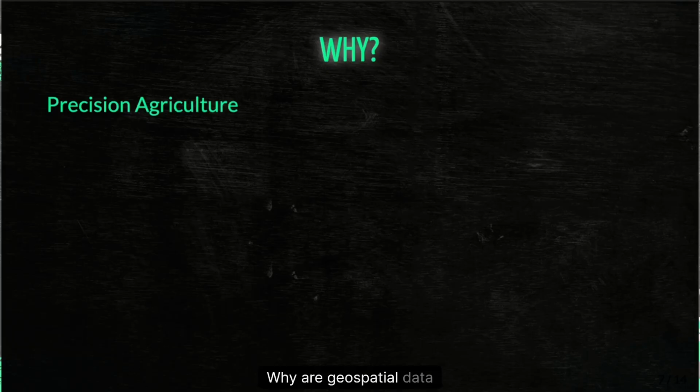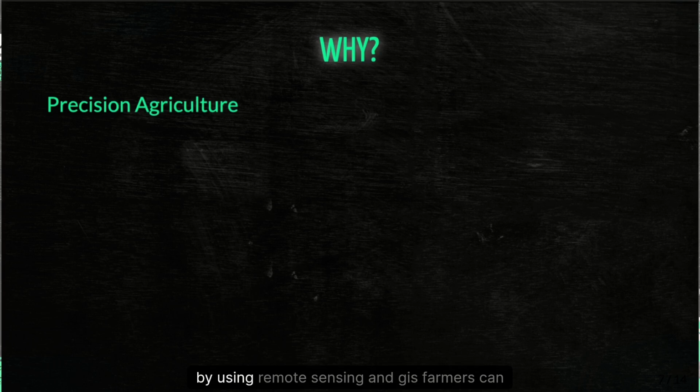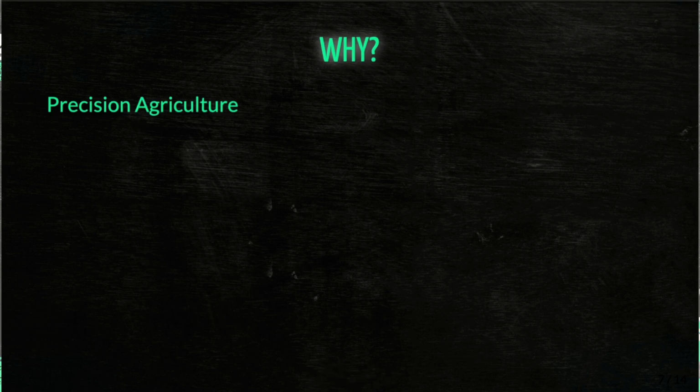So why is geospatial data important in agriculture? First, for precision agriculture. By using remote sensing and GIS, farmers can optimize the use of fertilizer, pesticide, and irrigation, based on actual field conditions rather than applying uniform treatment.